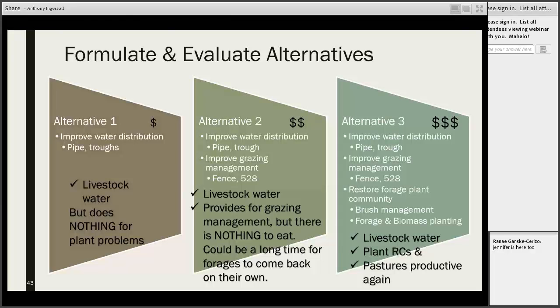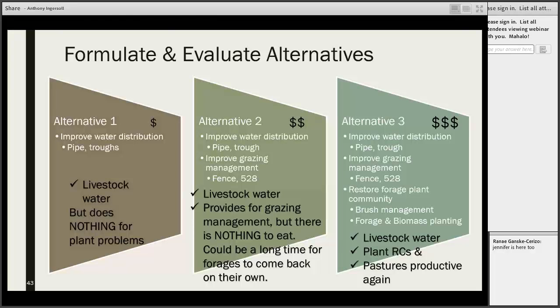And even if he improved the grazing management and did more fencing and said that we're going to apply prescribed grazing, well, that's a good thing to strive for, but again, there's nothing for them to eat. And if we just started cutting those pastures up and letting them rest, it could be a very long time before desirable forages actually find their way back in there, and the guava would probably take off, and we'd have a guava forest with a bunch of undesirable weeds underneath and maybe more bare ground because now there's more shade.